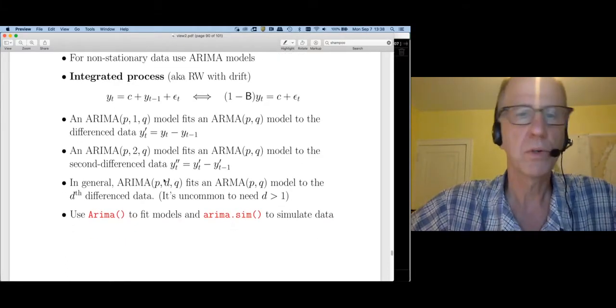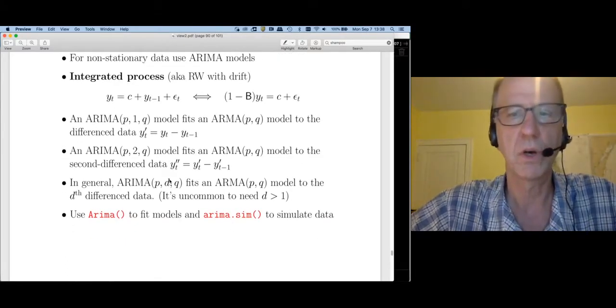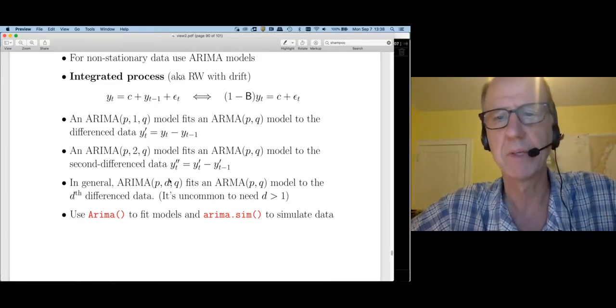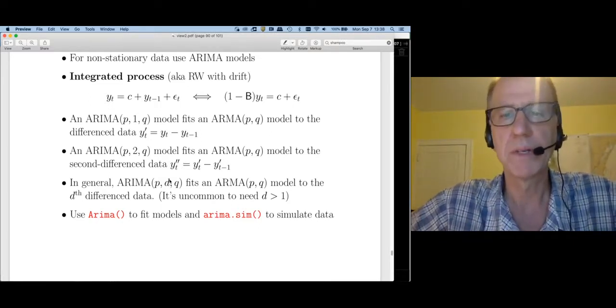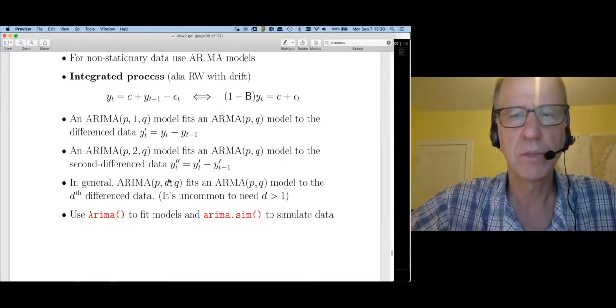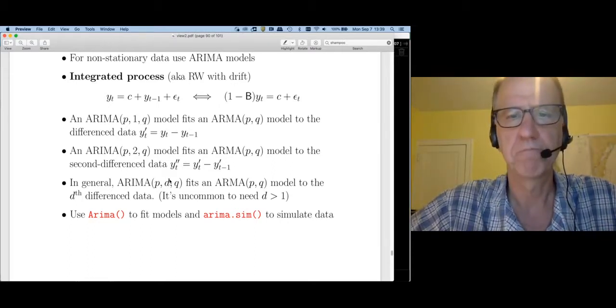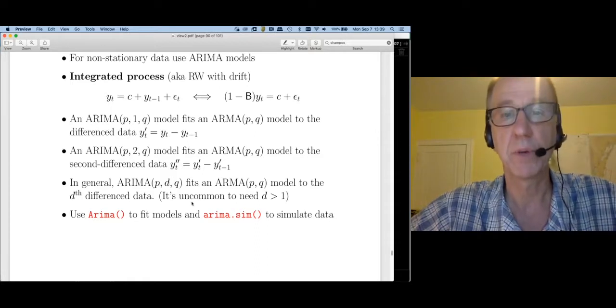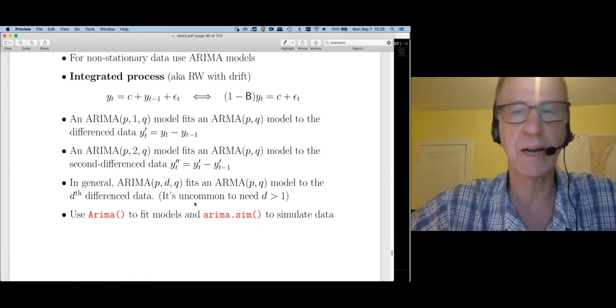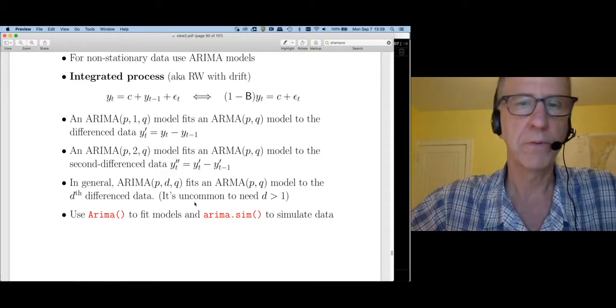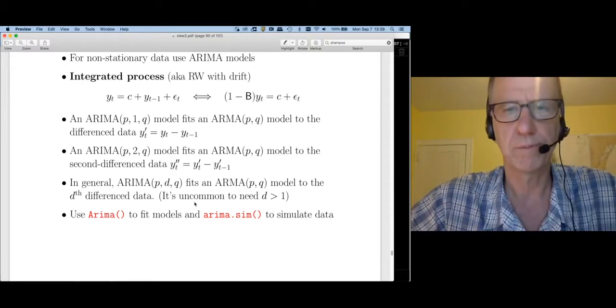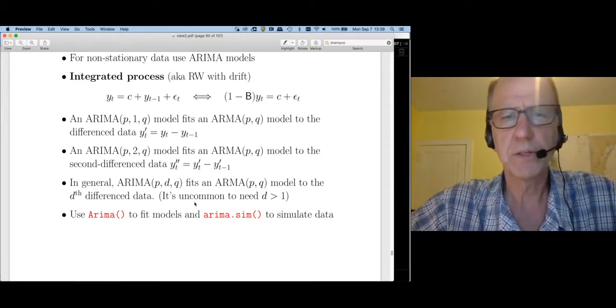In general, you could take up to d differences, although it's pretty uncommon to ever go above one difference. I mentioned earlier that if you have a quadratic trend, you would need second order differences. Hopefully we've already gotten this down to a linear trend with some sort of Box-Cox transformation, and therefore we would only need one difference. How do we fit these models in R?